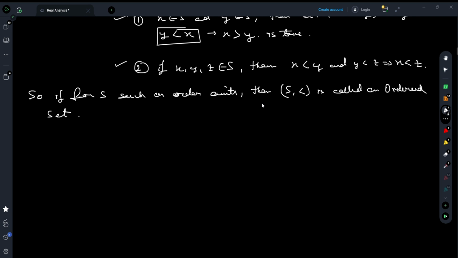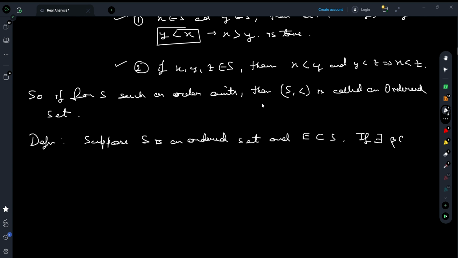Now we move on to certain important definitions, which will be of use later. Definition: suppose S is an ordered set, and we take a subset E of it.